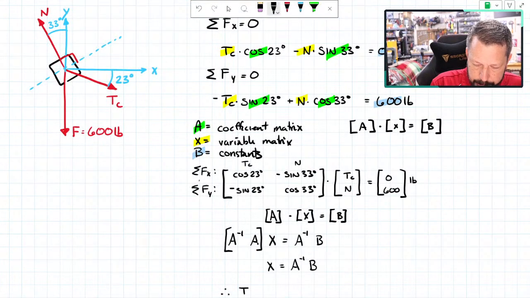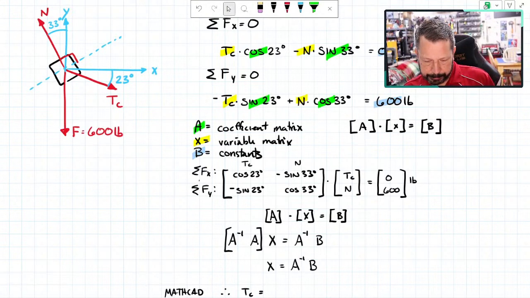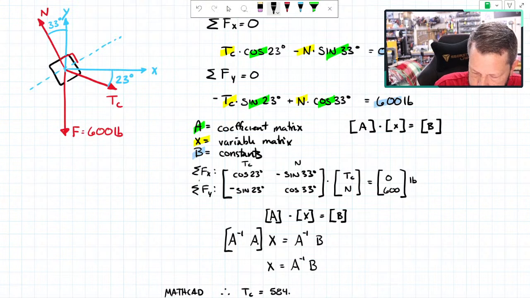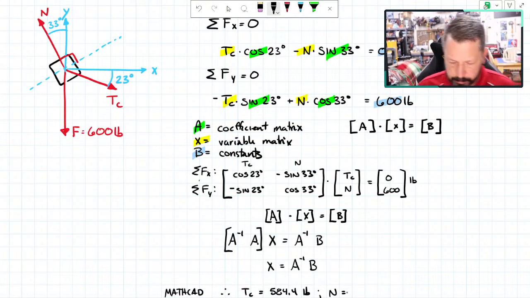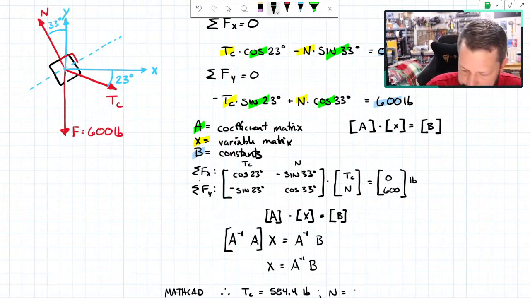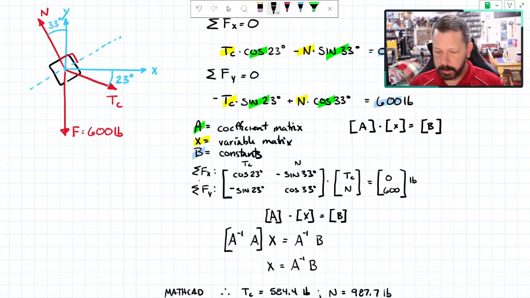So MathCAD says, therefore, TC is equal to 584.4 pounds, and N equals 987.7 pounds.